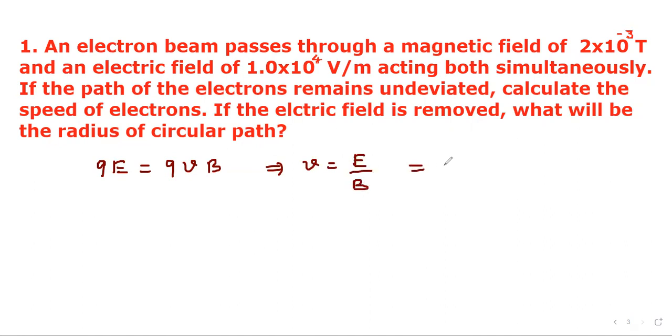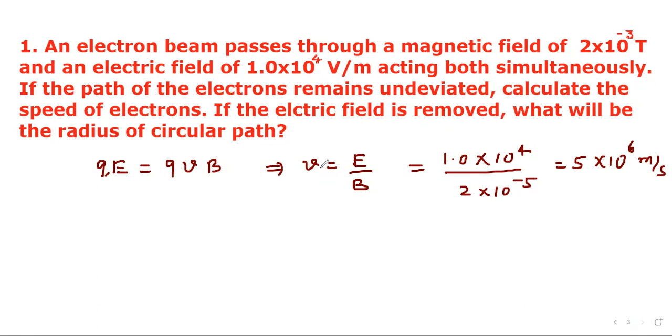Electric field is given as 1.0 into 10 to the power 4 and the magnetic field is given as 2 into 10 to the power minus 3. So this will be equal to 5 into 10 to the power 6 meter per second. So this will be the velocity of the electron beam.